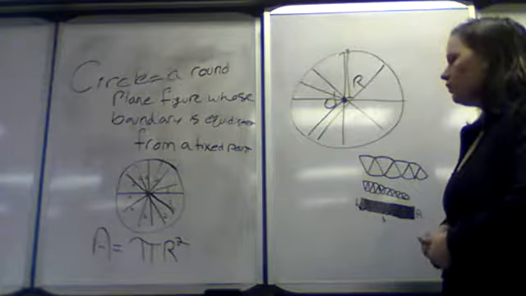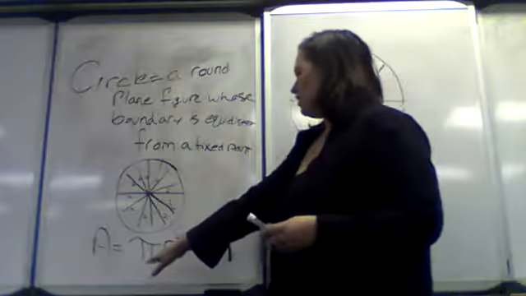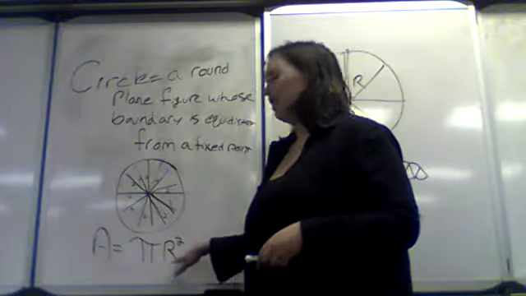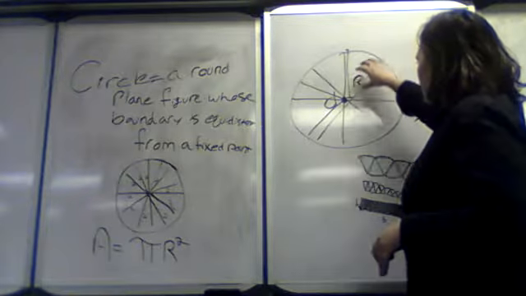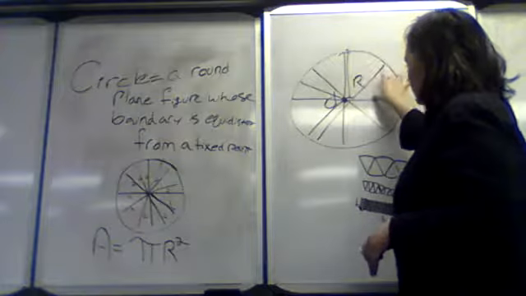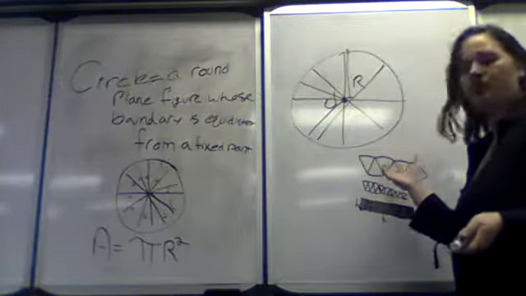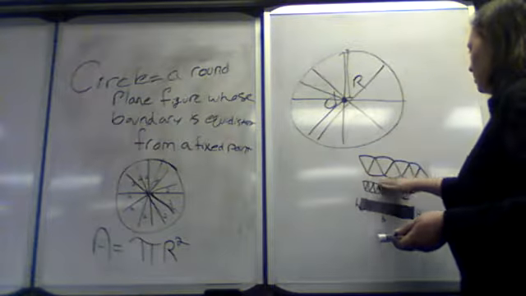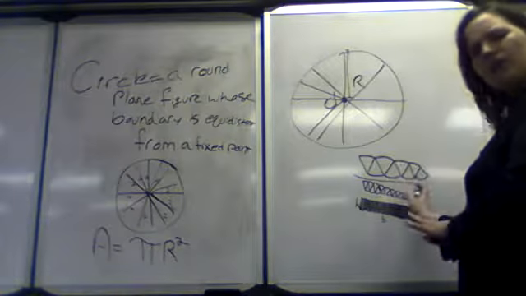So the equation for the area of a circle is the area equals pi r squared, or pi times the radius squared. The reasoning for this is that if you take a piece of this, for example, we'll say we're cutting it like a pizza into 8 slices, and if you cut them all up and line them up, they'll look something like this, which is kind of rectangular, but not quite.